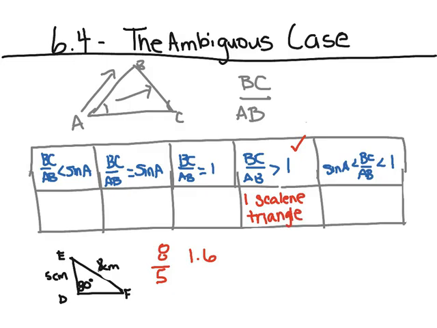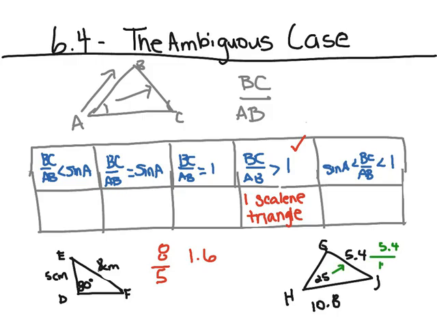For the example we just did, our opposite side is going to be 5.4, opposite the angle, and our adjacent side is going to be 10.8. And if you divide this, we get 0.5. So this is less than 1.